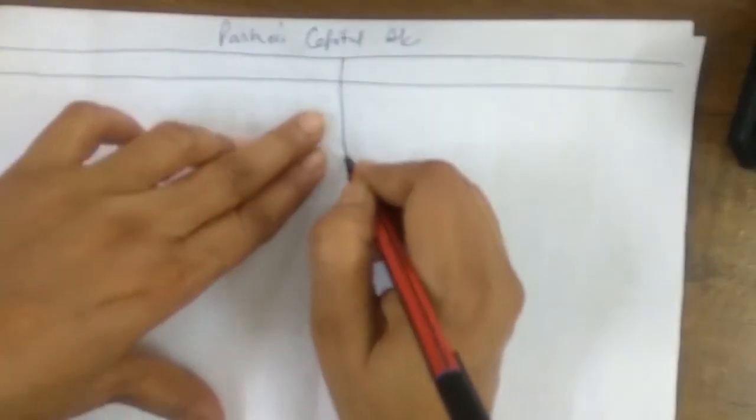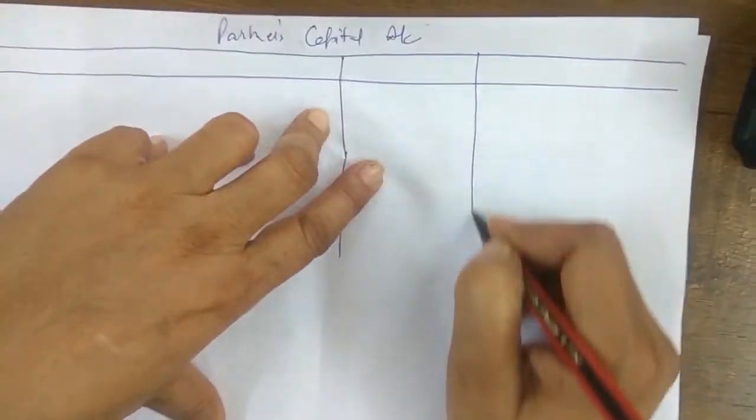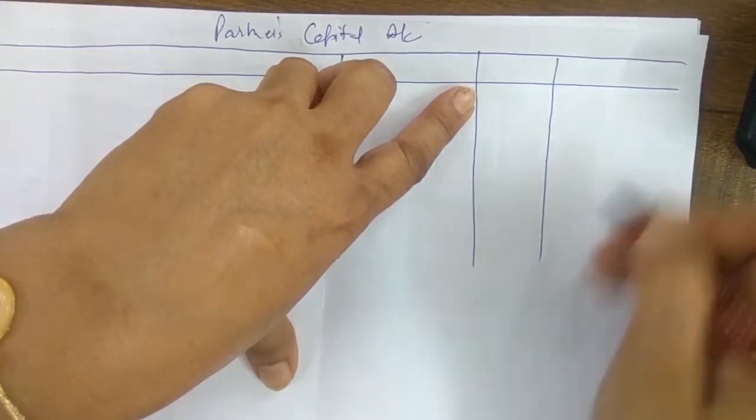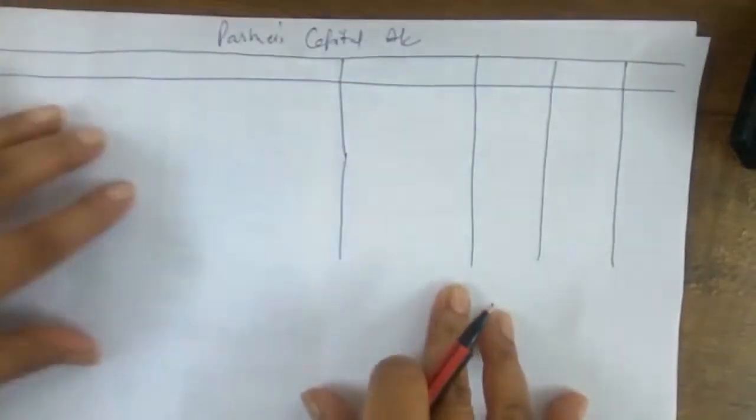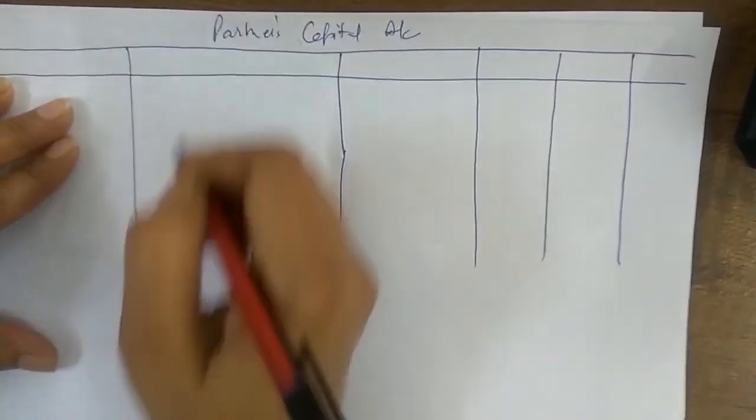We know what is the format of making capital account. As many partners as we have, we need to show that many columns for all the various partners. In this question we have three partners, so we will put three columns on both debit and credit side.